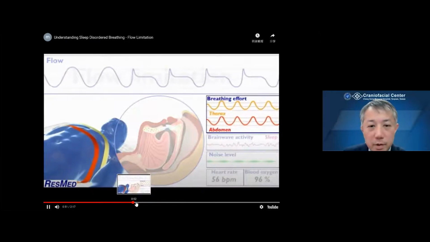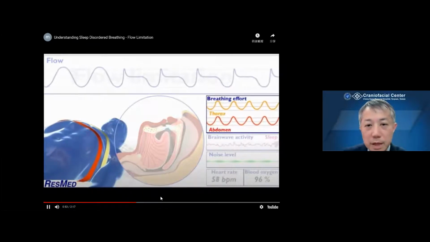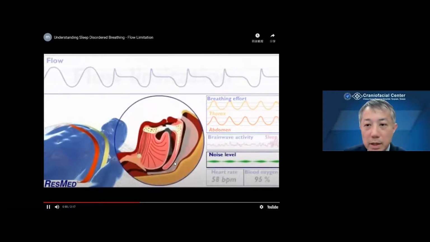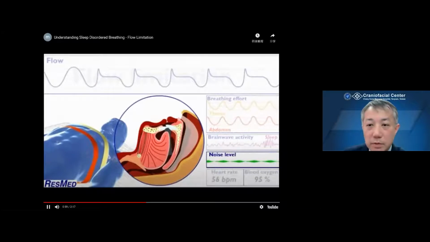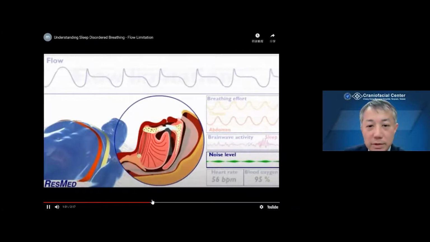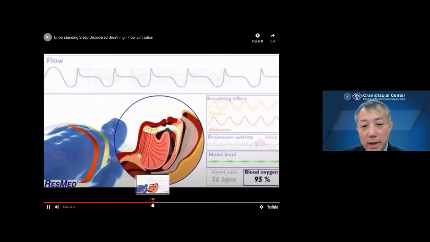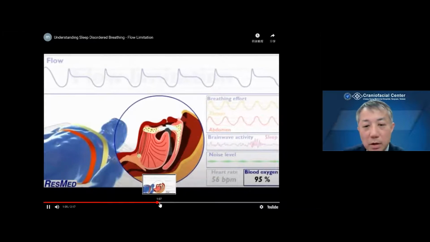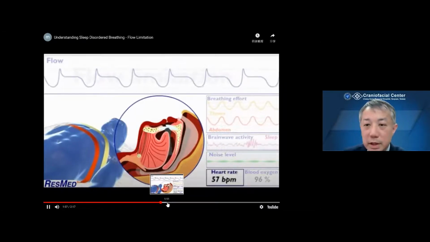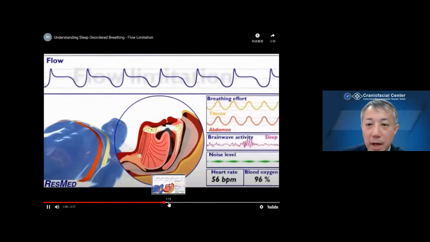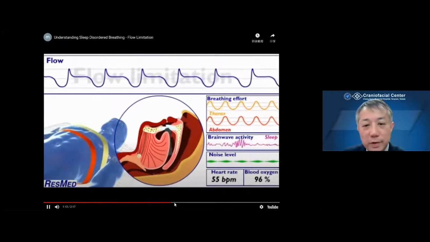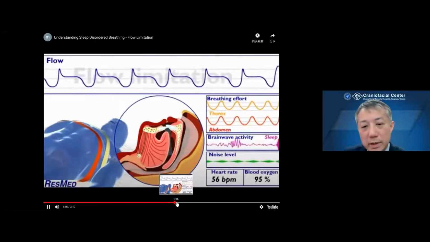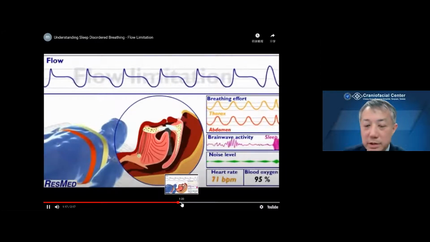So when people start to control the muscle tone in their airway, there will appear some arousal brain waves during the sleep. By study, if our arousal frequency is more than 10 episodes per hour, then after our sleep, we will feel that we are not completely rested.